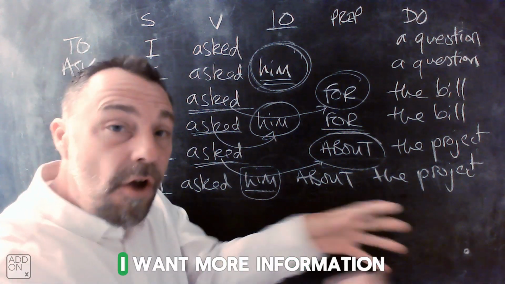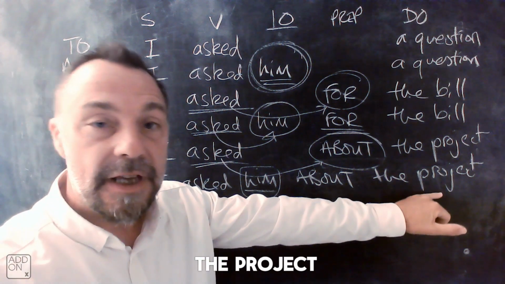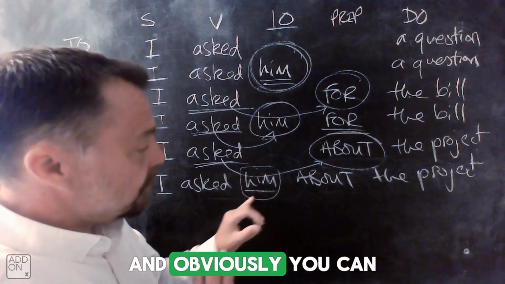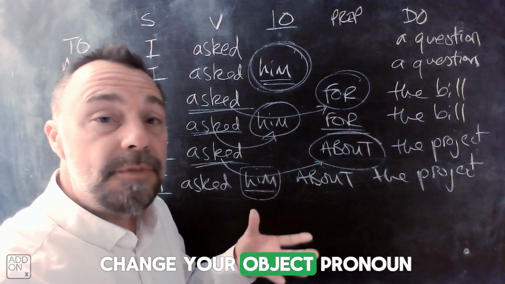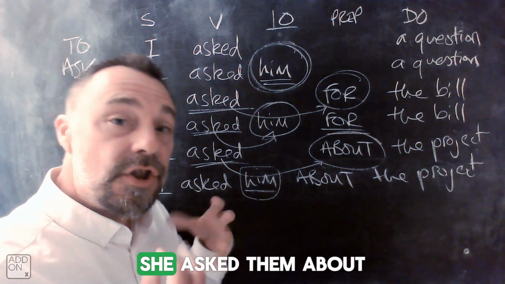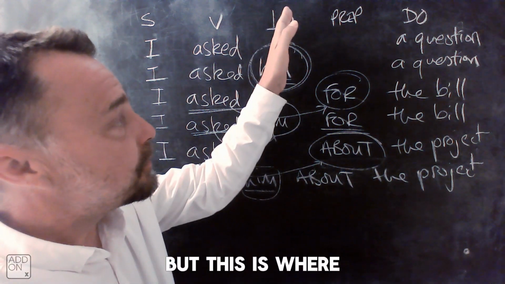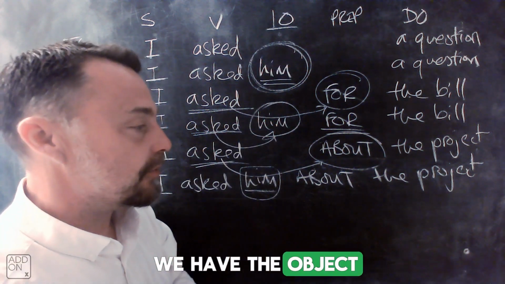You have a project, I want more information. I asked him about the project. And obviously you can change your object pronoun. He asked me about the project. She asked them about the project.